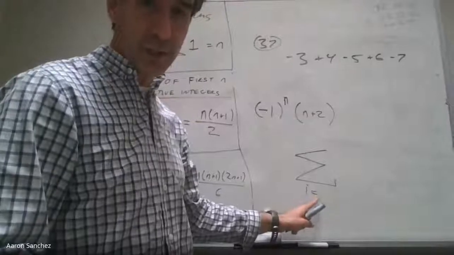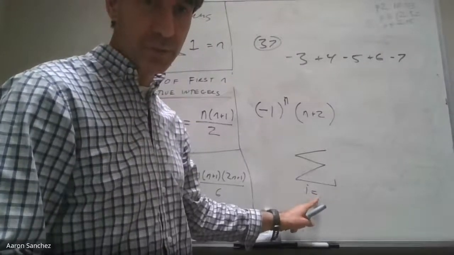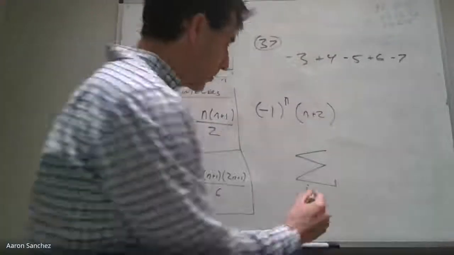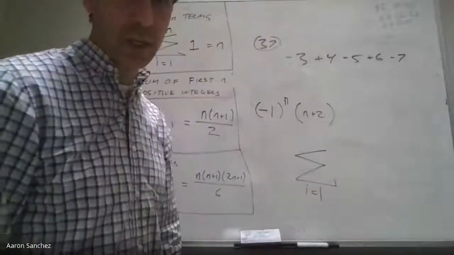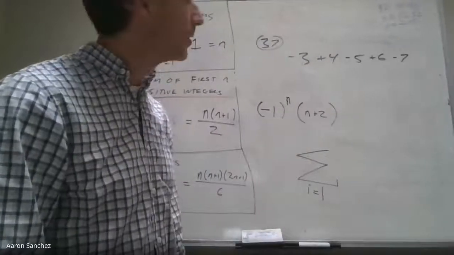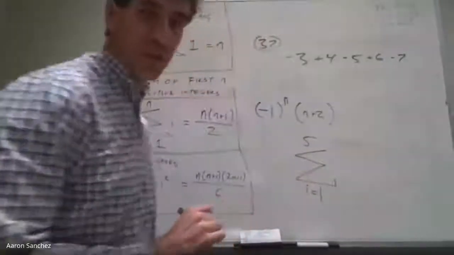The first term. What's this term? The second. The third. The fourth. The fifth. So what am I starting with? -3, but what term is it? I start with the first term. And then Ian, what do I put up here? You put 5 because it's the fifth term. Yep, got that, Abraham? And we end with the fifth term.